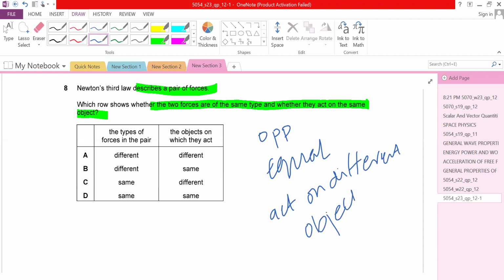So these three things you need to remember for Newton's third law.